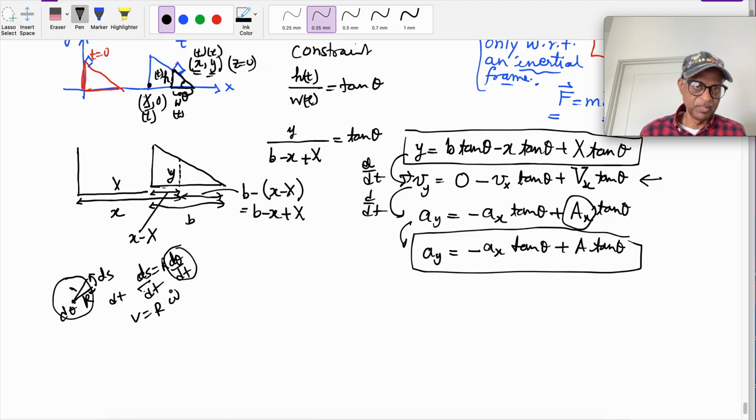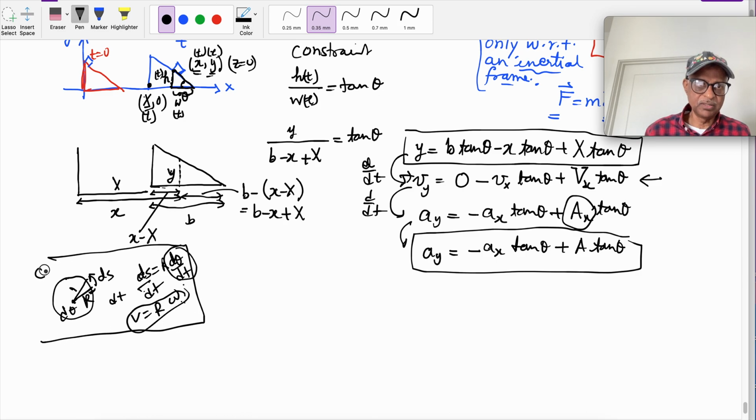This we call omega, the angular velocity. So this you have seen in another context. This is a constraint in circular motion. So the constraint can come up in many different ways. Here our constraint comes up this way.